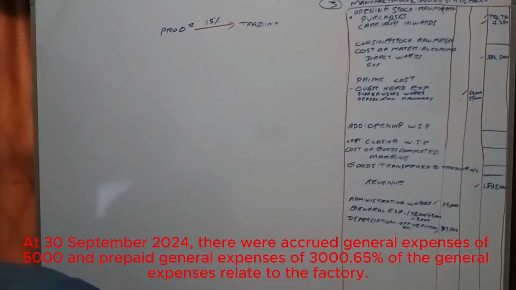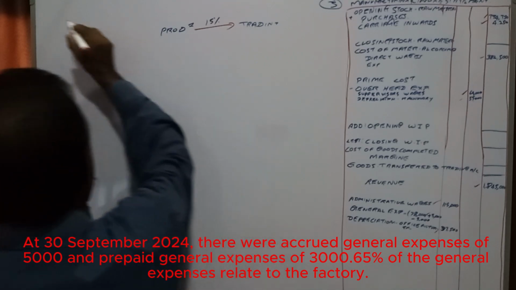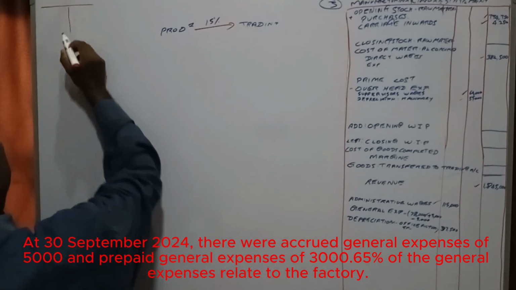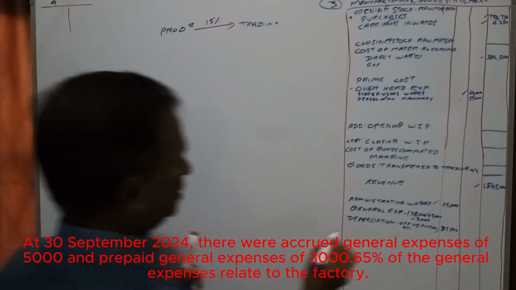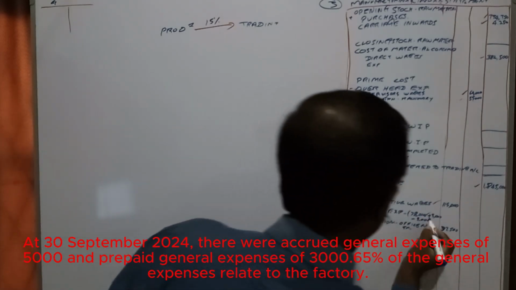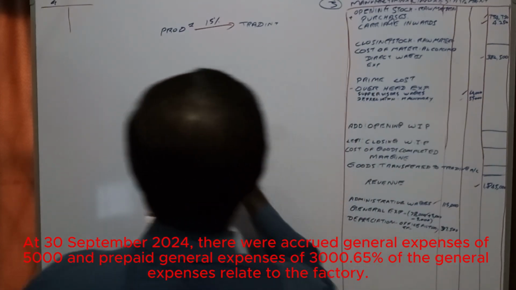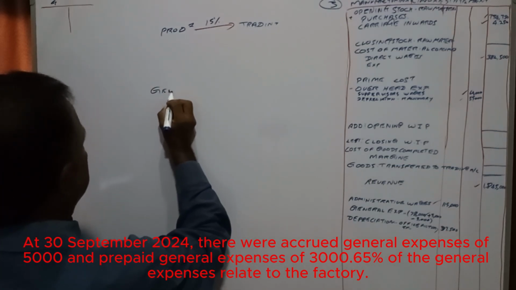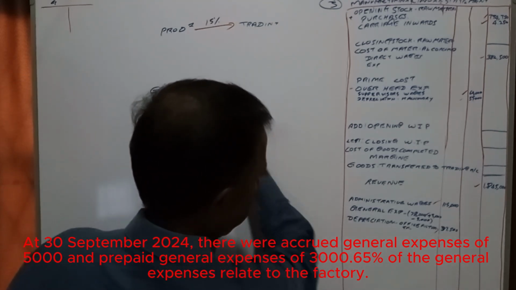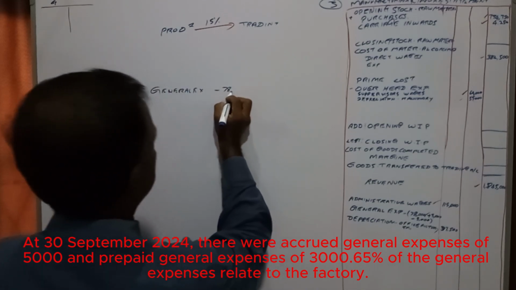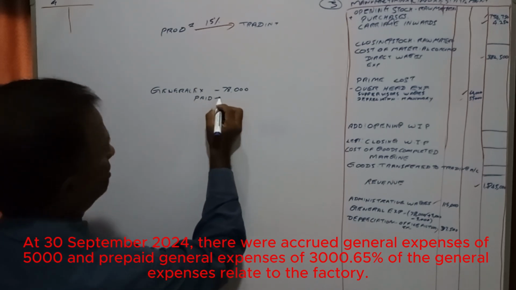If you open up a general expenses account, prepaid is deducted. Expenses paid is 78,000.